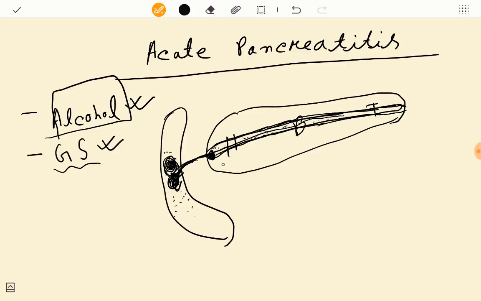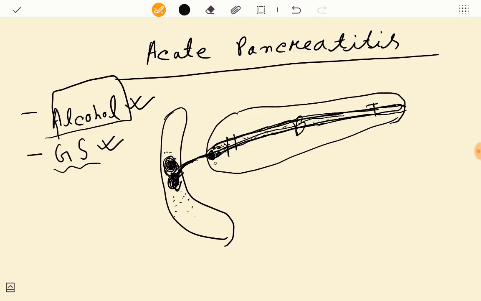When it is constricted, the enzyme is not able to be released into the duodenum, and there will be too much enzyme in the sphincter of Oddi, and this enzyme may activate from its inactive form. The enzyme will activate due to the constriction of the sphincter of Oddi caused by alcohol.